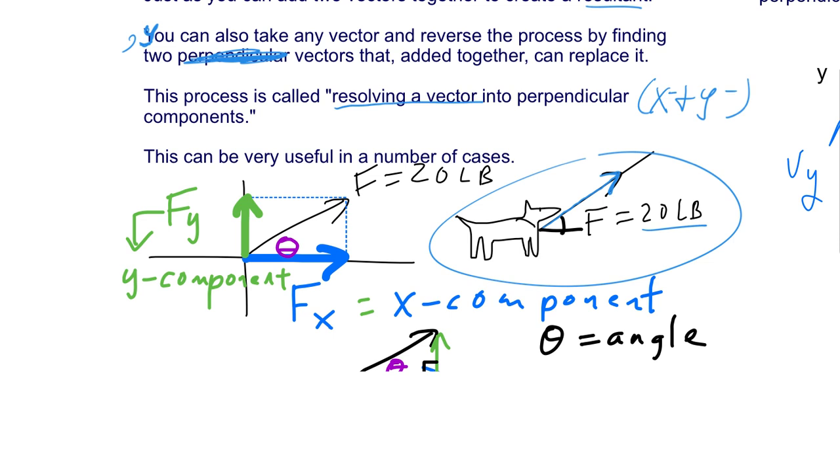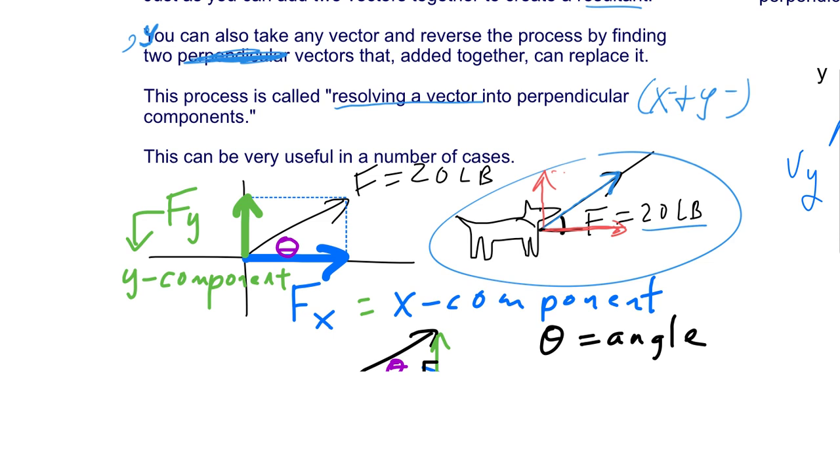So it has a vertical component that tends to pull the dog upward, and it has a horizontal component that tends to pull the dog forward. Okay, those two together are the x and y components of the force I'm applying to the leash.